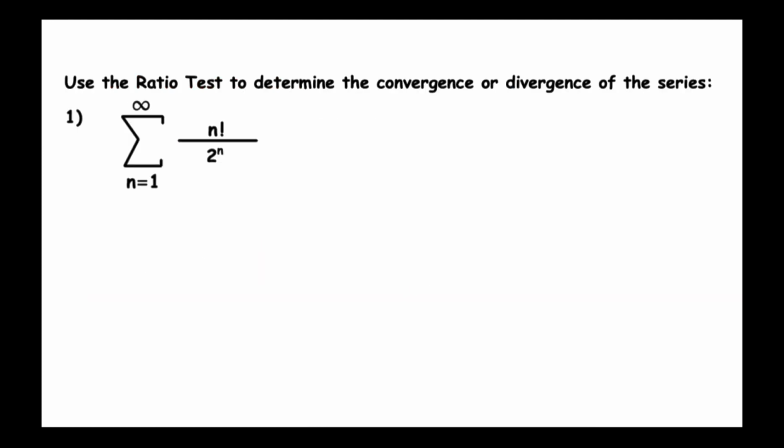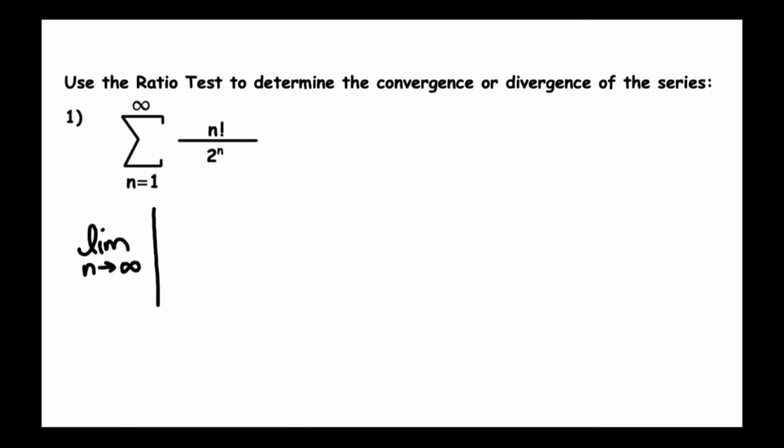Use the ratio test to determine the convergence or divergence of the series. Even if the directions had not said use the ratio test, I would have immediately thought of it because, again, the ratio test works especially well for problems with factorials and exponential powers. This happens to have both of those, so immediately I'm going limit as n approaches infinity.